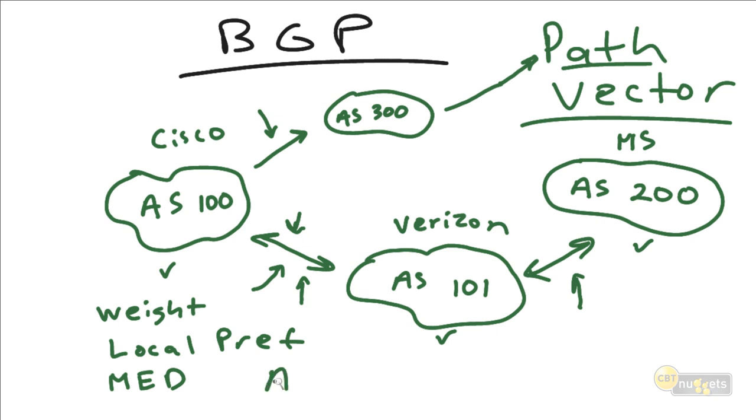There's even one called the AS path, by the way, which is basically just a hop count like you would have in RIP. It's just counting up the AS hops that you've taken to get to a destination. So, a very sophisticated set of metrics that are used in this path vector exterior gateway protocol.